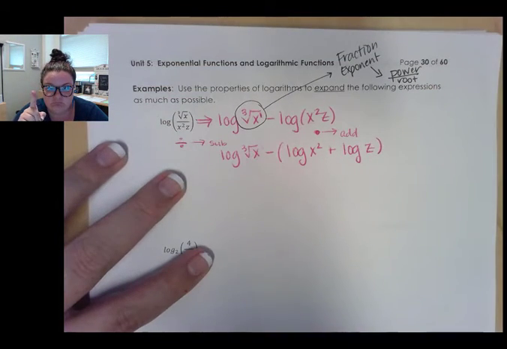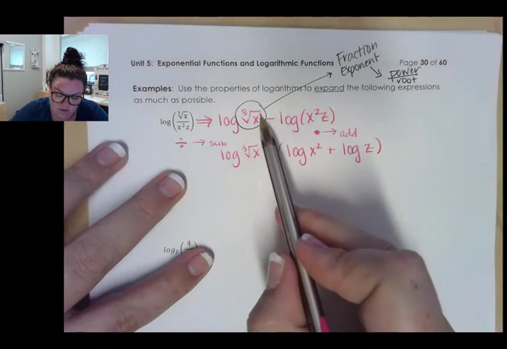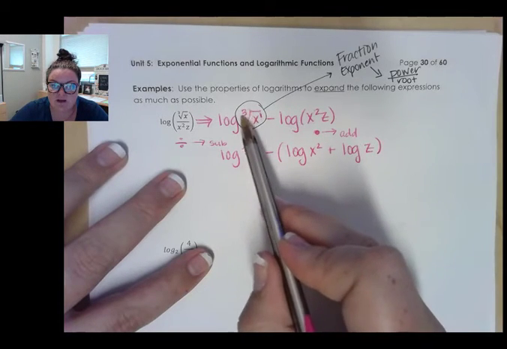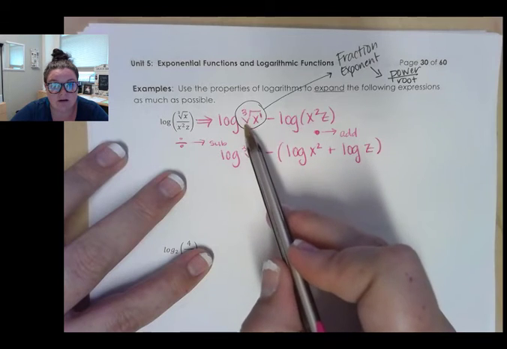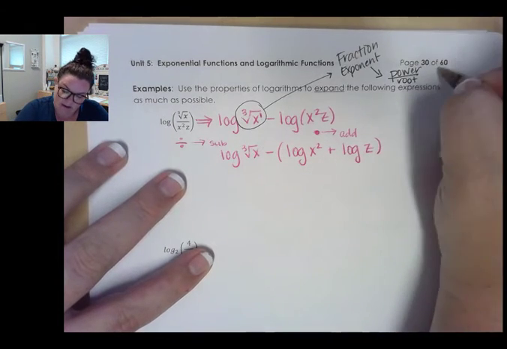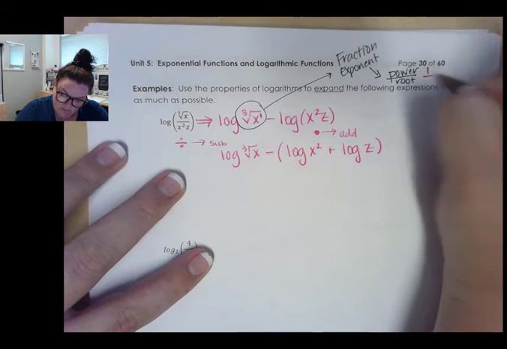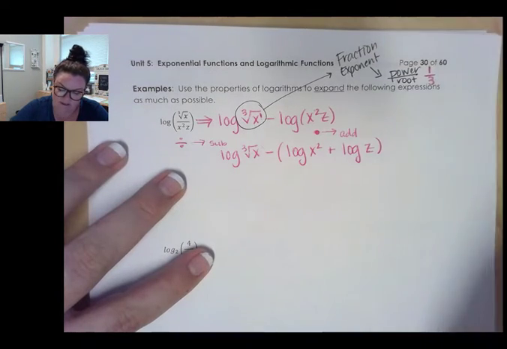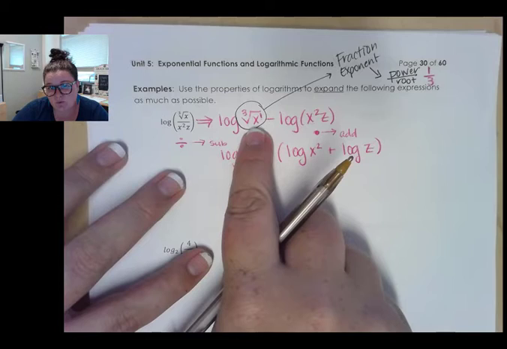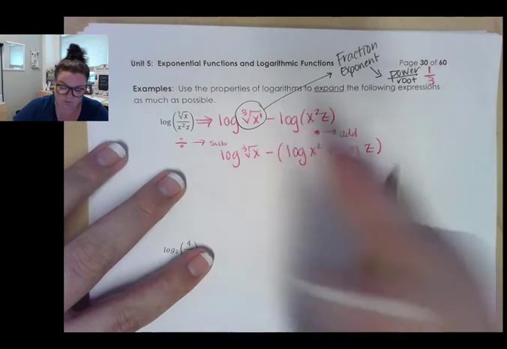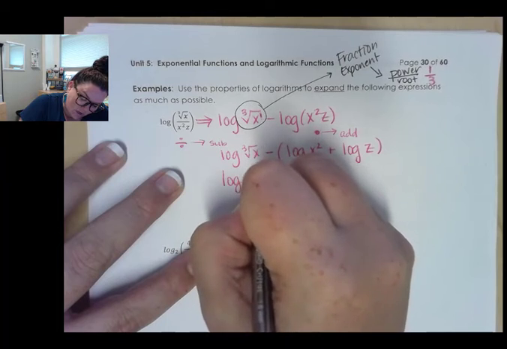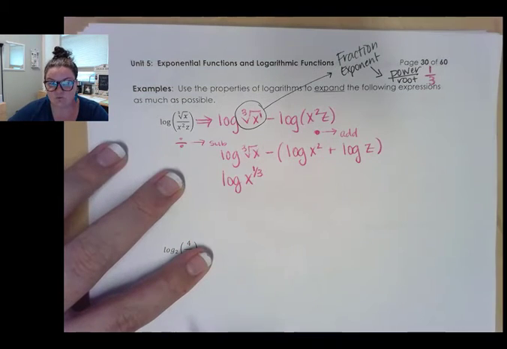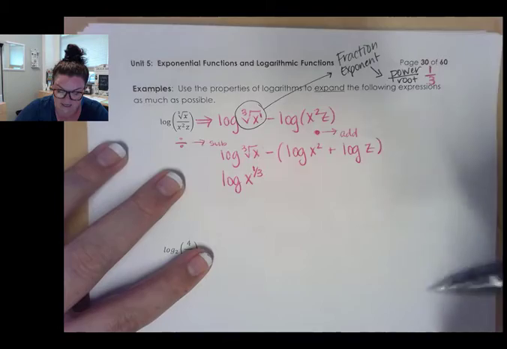So 1x. That's my power. And my root is whatever my index value is on this radical, which is 3. So my power is 1, my root is 3. So instead of writing the cube root of x, I could rewrite this as log of x to the 1/3 power. I could rewrite it with a fraction exponent.